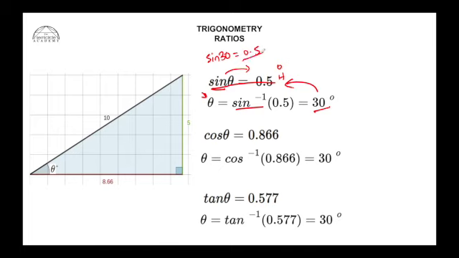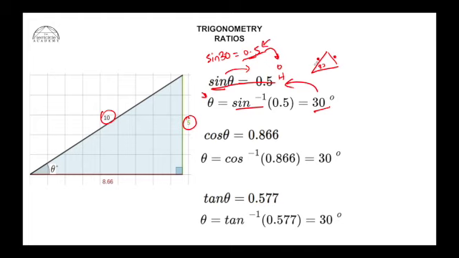Remember what this is. This is the ratio of the opposite over the hypotenuse, right? So that means that, let's just say we have a triangle like this, and that is 30 degrees here. This is the opposite, and this is the hypotenuse. If I take the opposite and divide it by the hypotenuse, I'm going to get 0.5.